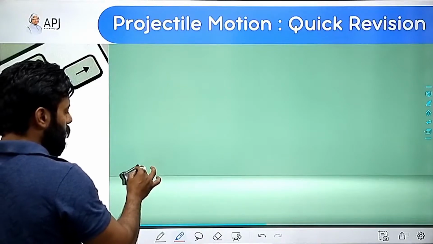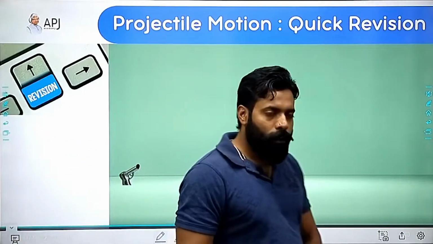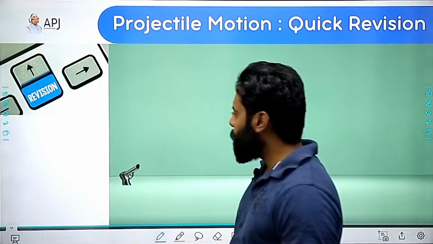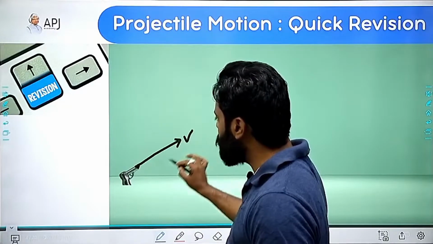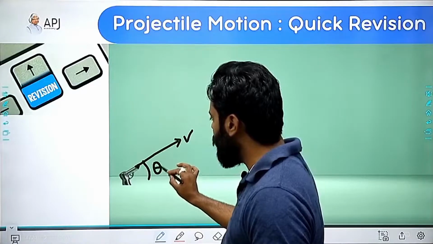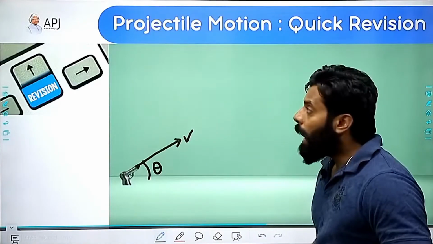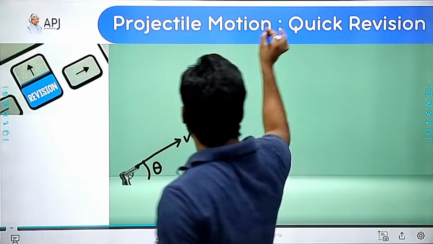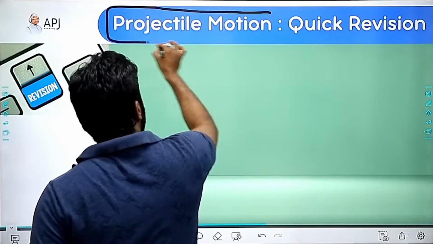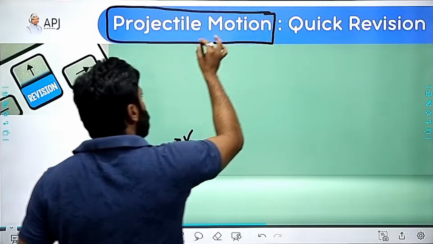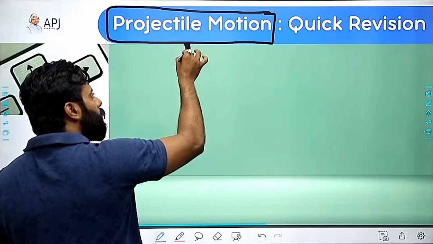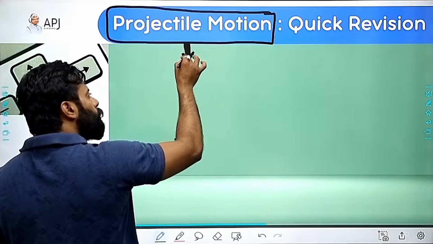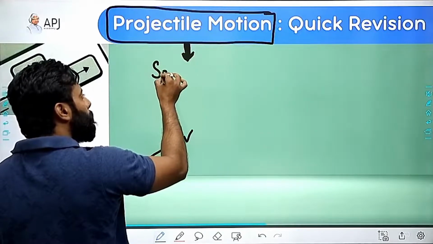So here, when I am telling you that I am going to study projectile motion, you can see that this is a point through which I am going to start my projectile, and when I provide a velocity to any object at a particular angle theta, then I am going to resolve. The only thing required from your end is that you do not see projectile as a motion.